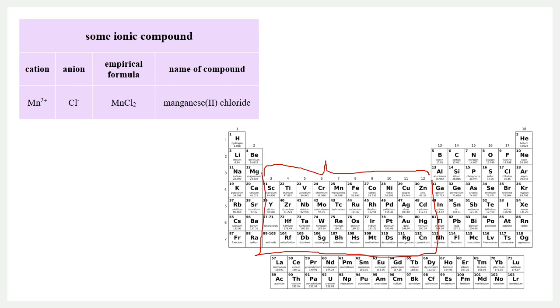Since it is a transition metal, we would have to write manganese out and the charge, 2, in Roman numerals, in parentheses, no space, and then a space and chloride. You would drop the ending of chlorine and add -ide to make it chloride.